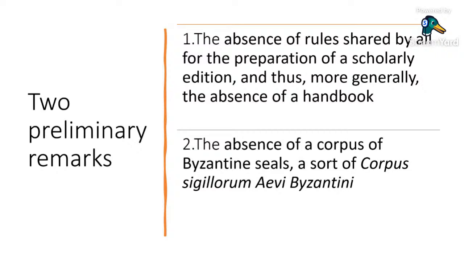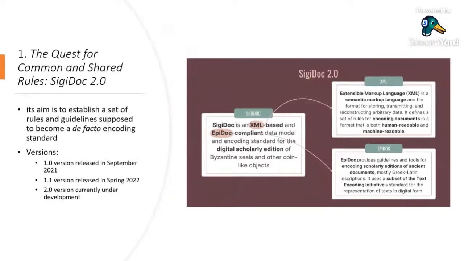So what we are trying to do is to address these two main issues of the discipline in different ways. And the first problem, the first issue, is the lack of common and shared rules. This has always been for us the first concern.